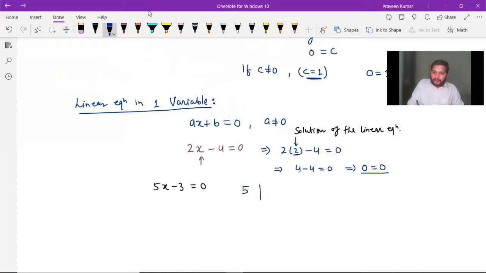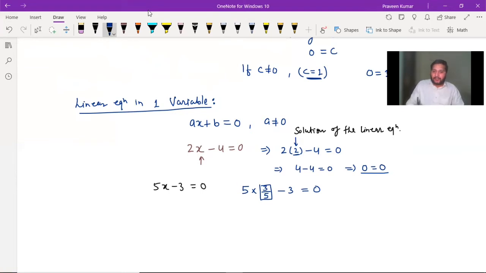This problem appears like this: 5 times blank minus 3 is equal to 0. Initially, we have to eliminate this 5. Multiplying by 5 can be eliminated by dividing it by 5. So we can cancel this 5. Now I need 3, so I can place numerator as 3.